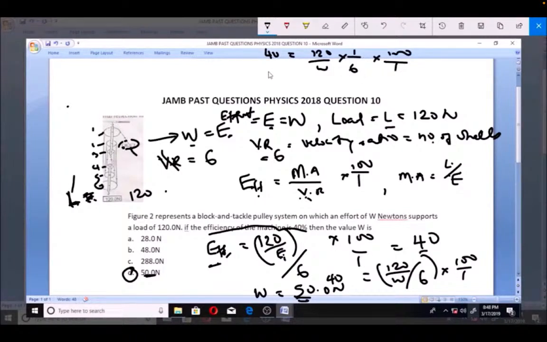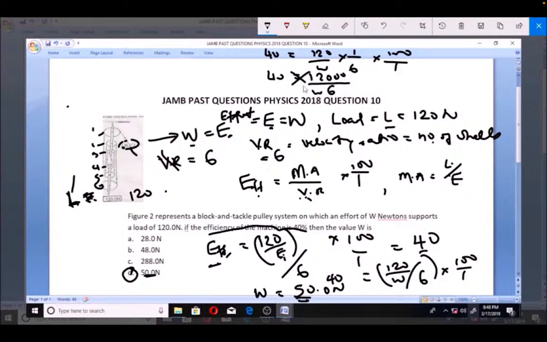If you multiply out, you have 40 is equal to 120 times 100, which is 12,000, all over W times 6, which is 6W.